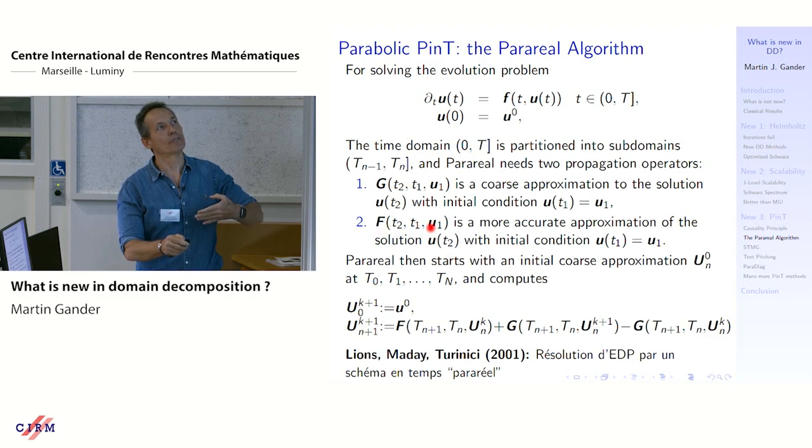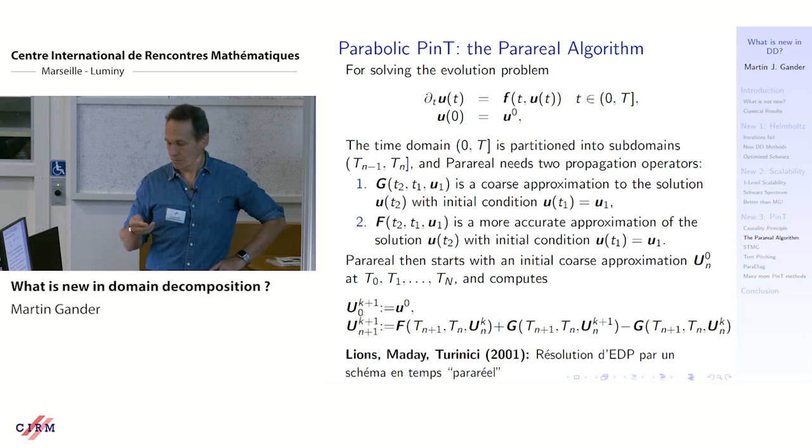You have a fine solver that does exactly the same, but with much more accuracy, and you just perform this correction iteration. So you take a combination of fine solves, which you can do. K is the iteration number here, n is the time point. All these you can do in parallel, and there is some correction with coarse, which is sequential but cheap. It was invented by Lions, Maday and Turinici, "Résolution d'EDP par un schéma en temps pararéel".